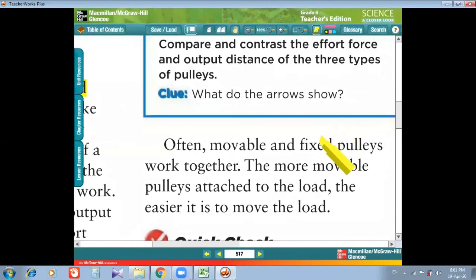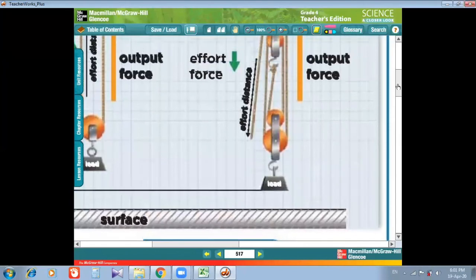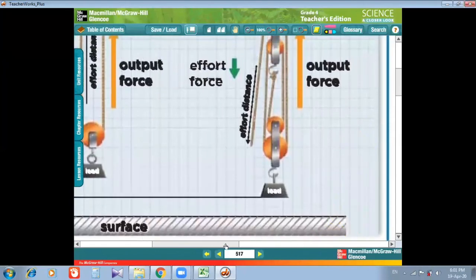Often, movable and fixed pulleys work together. The more movable pulleys attached to the load, the easier it is to move the load. Meaning when you have the fixed pulley, and if you add more movable pulleys, it will be easier for you to lift the load. But again, the same thing, it will increase the effort distance. Now see this one.